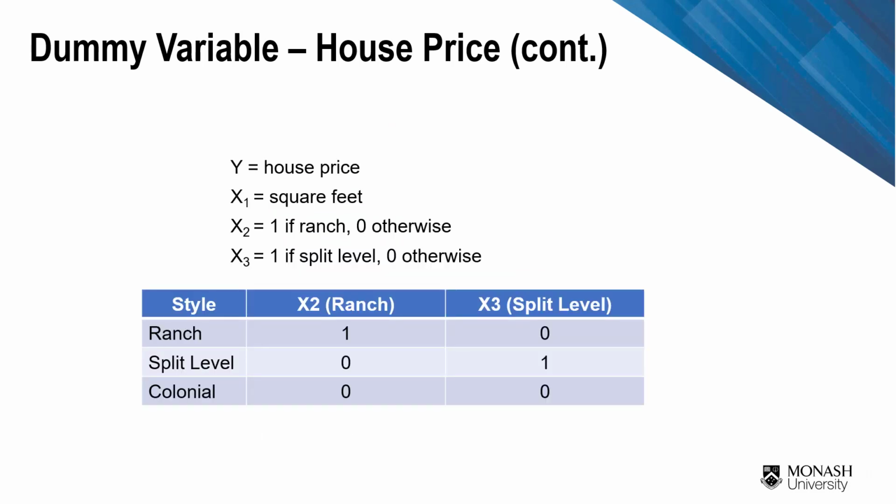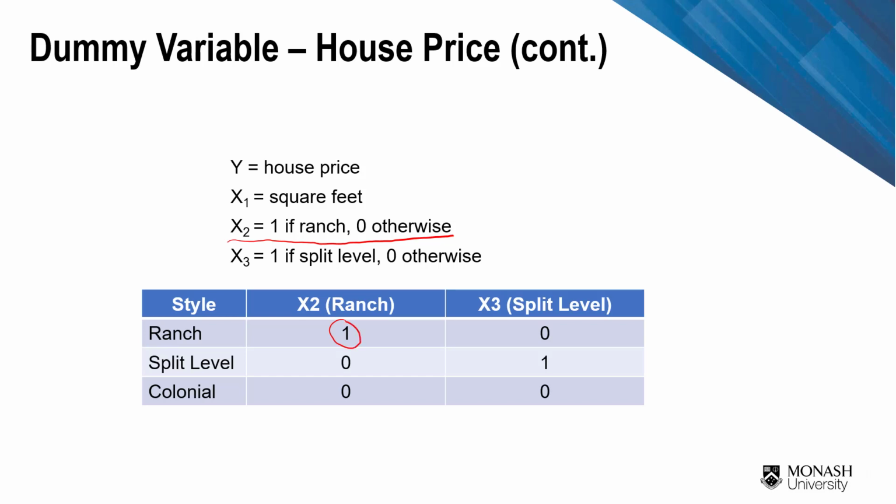Right. So I'm going to give you a brief clarification on that. Now, x2 is only activated when a ranch style of house is there. So if there is a ranch style of house, then obviously you will get 1.